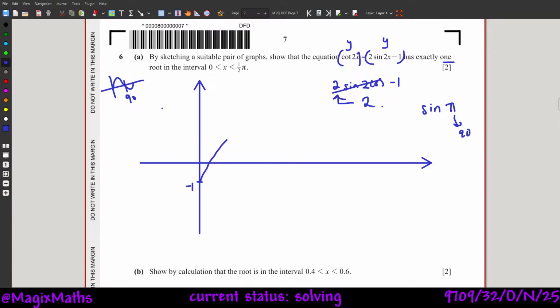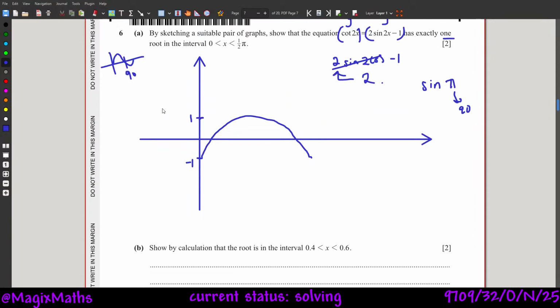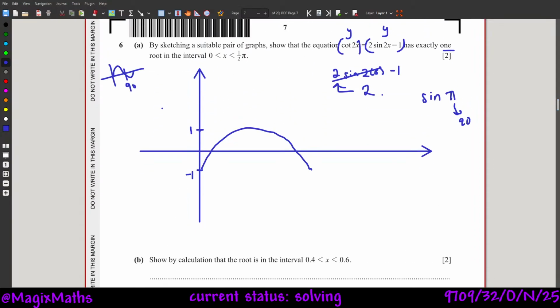Let's make that larger so it's easier to see. Yep. And the maximum displacement should be 1. Okay, now that's easy. Then we have cot 2x.